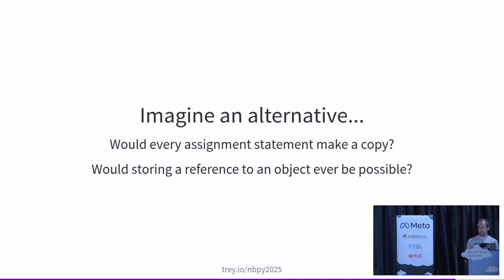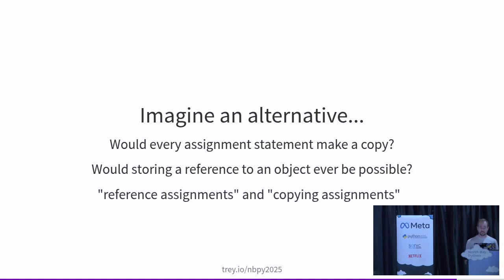Would we need to make some kind of distinction between assignments that copied and assignments that made a reference? Other programming languages have done that before, and it requires adding another layer of complexity to the language. Python's way isn't necessarily the right way, but most days I really appreciate the trade-offs that Python made around this topic.